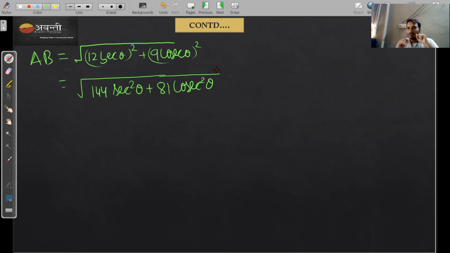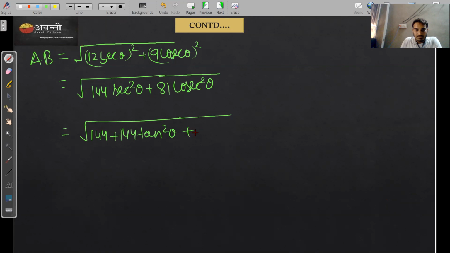Sec square theta is 1 plus tan square theta and cosec square theta is 1 plus cot square theta, so you get 144 plus 144 tan square theta plus 81 plus 81 cot square theta.